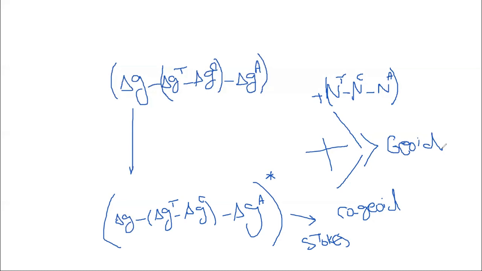That's all. For atmospheric effect, you do not need any reduction because it is small. It is in the order of the gravity anomaly, maybe smaller. So you can simply remove and restore it without any problem.